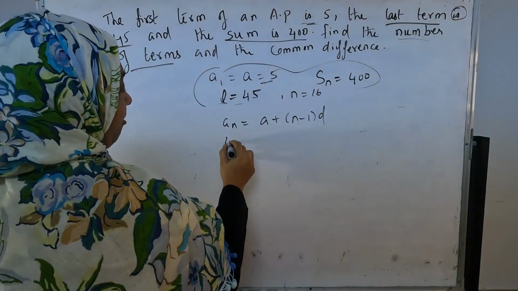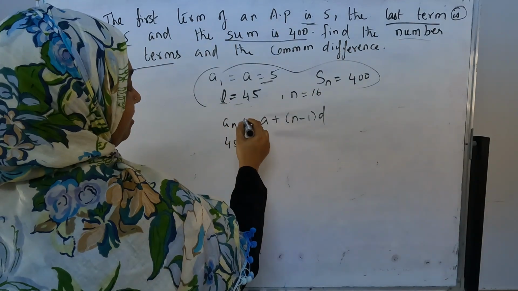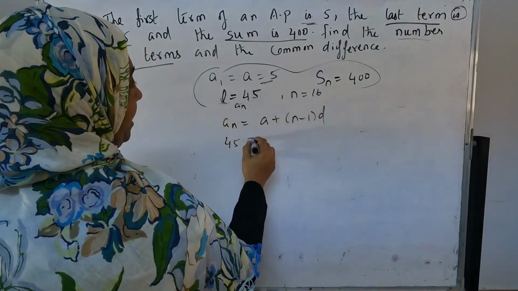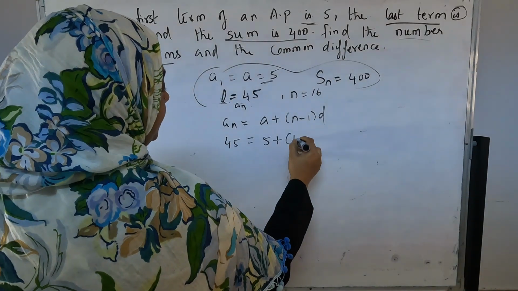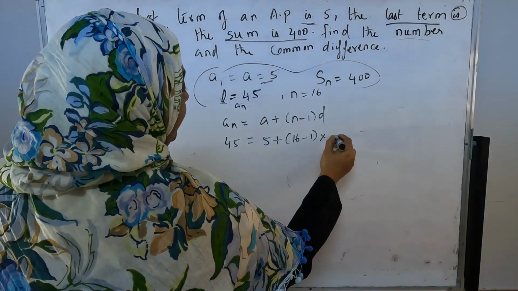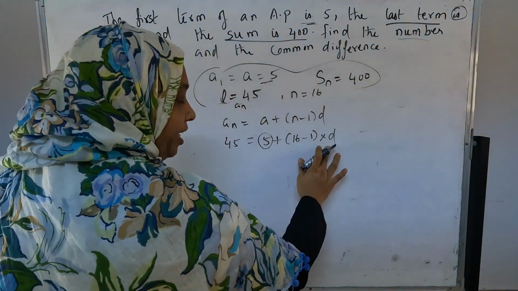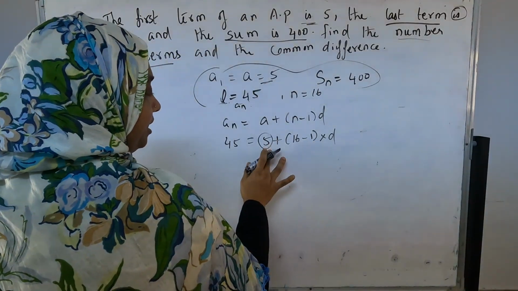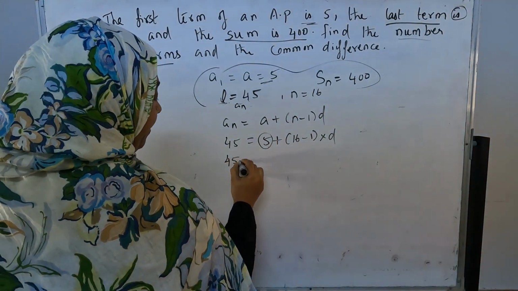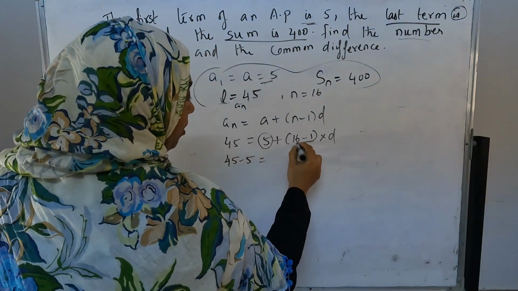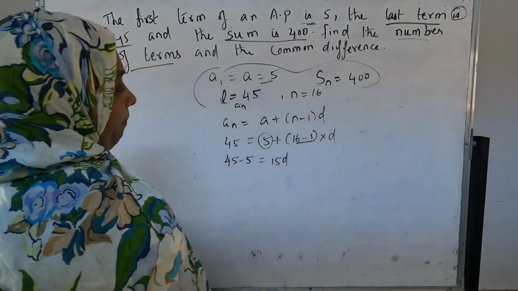So an is 45, because the last term is an, an is 45, a is 5, plus 16 minus 1 into d, which I don't know. And this 5 as usual, don't do distribution here, bring the 5 over. 45 minus 5 is equal to, this is what? 15d.